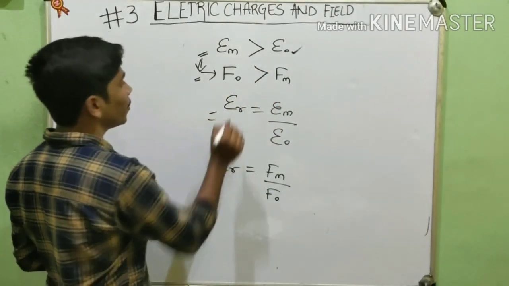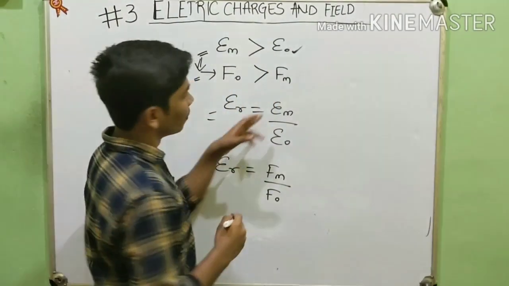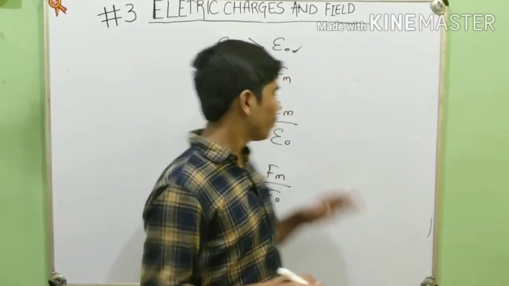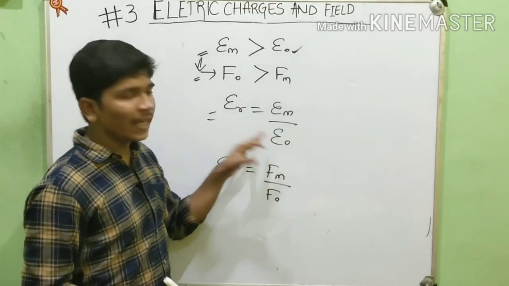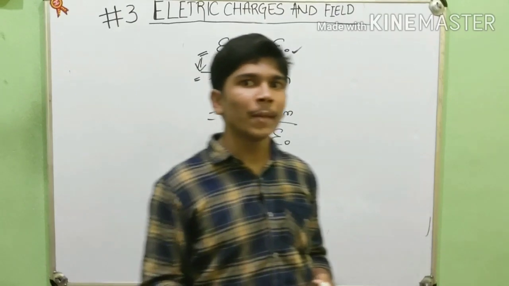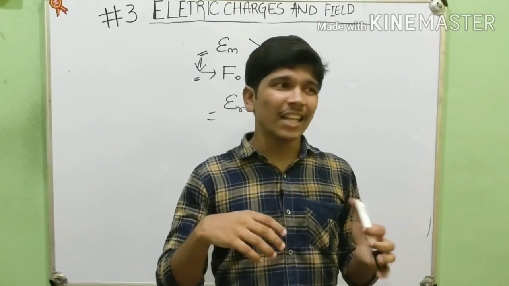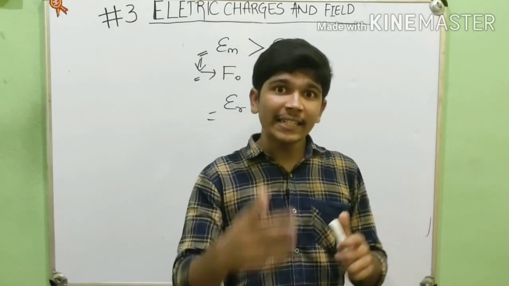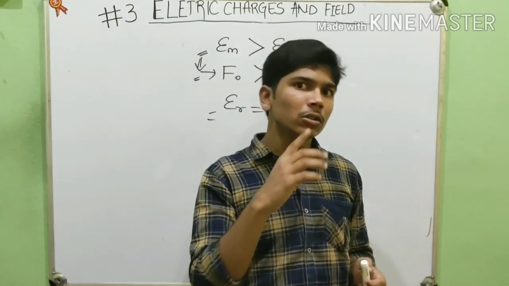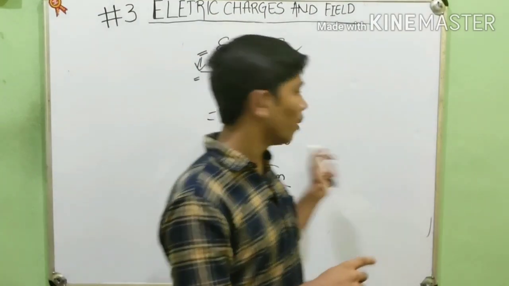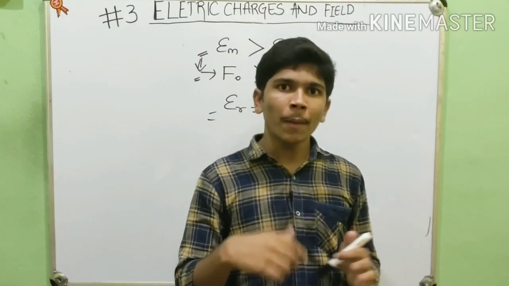What is relative permittivity? Permittivity of medium by permittivity of air. And what did we learn? Relative permittivity states how many times the permittivity of medium is greater than the permittivity of air.